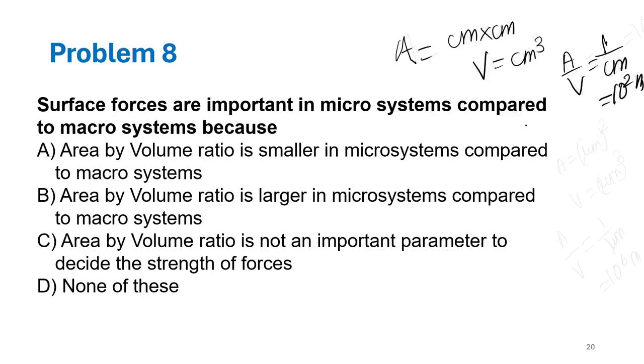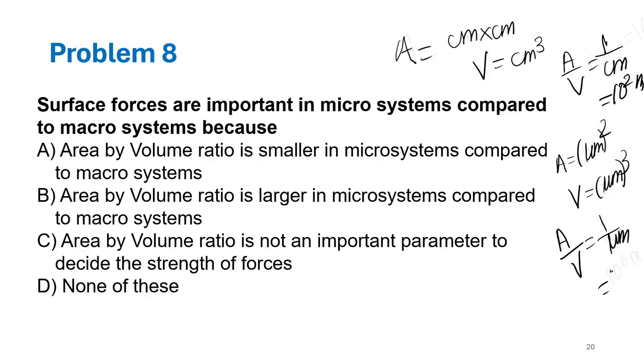If we consider a structure that is having micron scale dimension, then our area will be micrometer the whole squared. So volume will be micrometer the whole cube. Then area divided by volume will be 1 by micrometer.